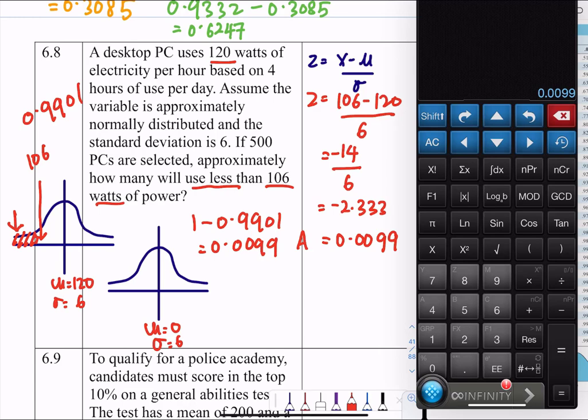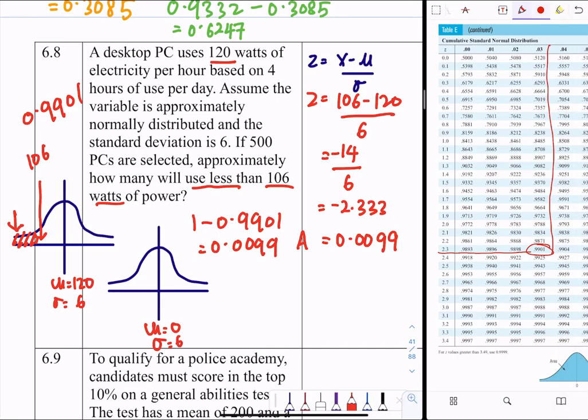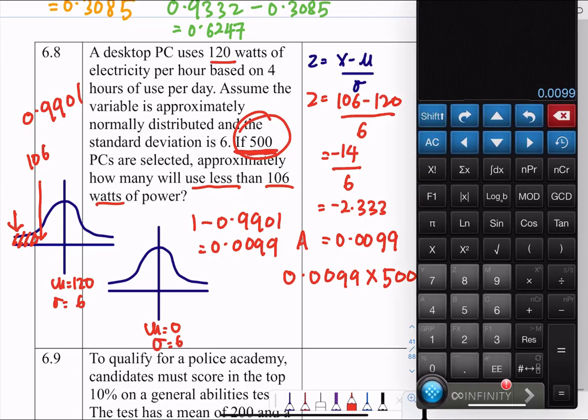Because they want you to base it on 500, this 0.0099 needs to be multiplied by 500. So multiply. Where is the calculator? Times 500. 4.95, approximately equals 5.